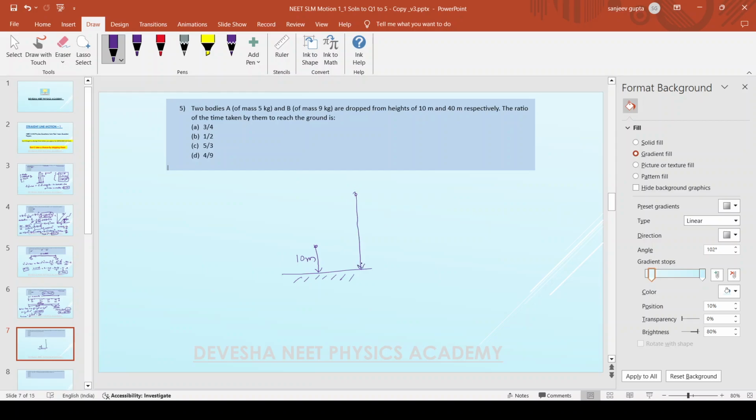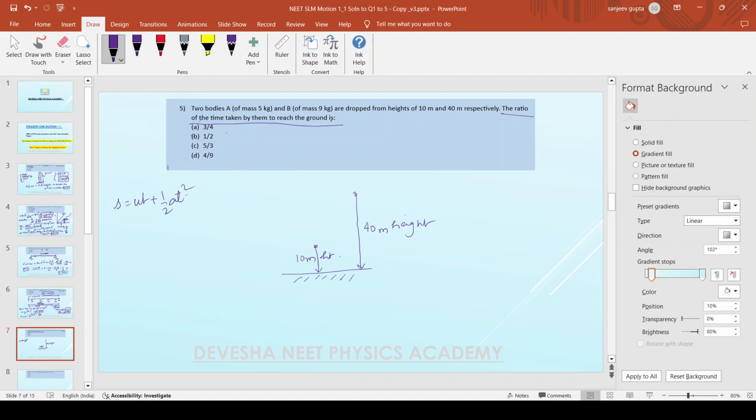Imagine that this is 40 meters height, and this is 10 meters height. We need to know the ratio of the time taken by them to reach the ground, right? So let's first put the formula. We know that S is equal to ut plus half at square.